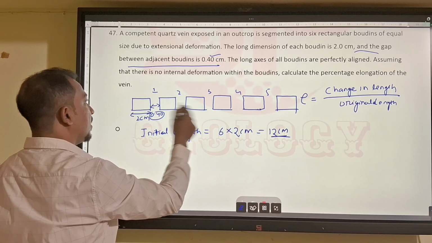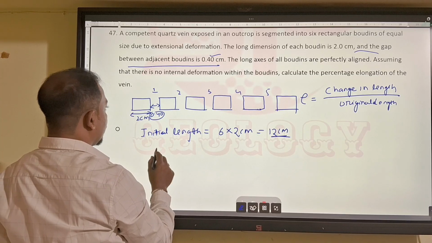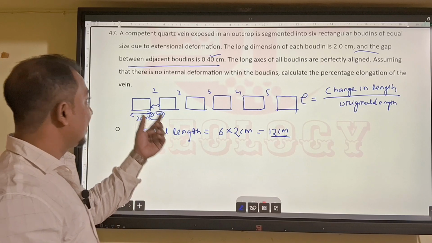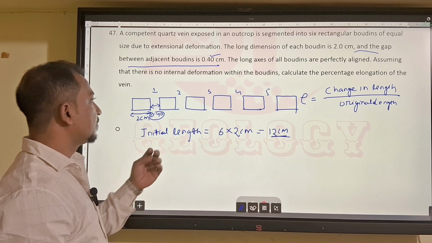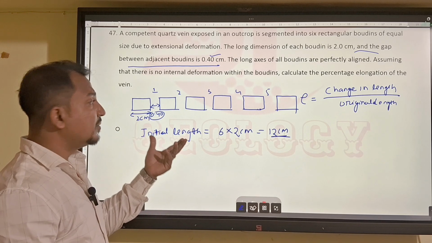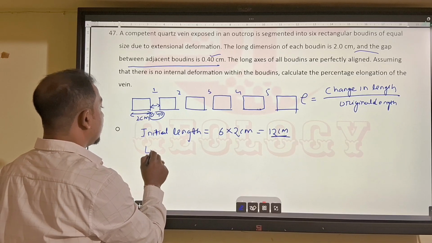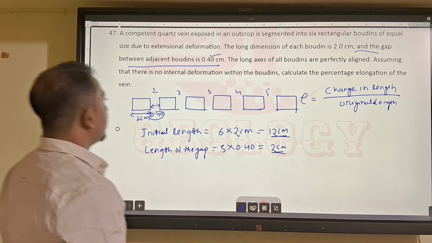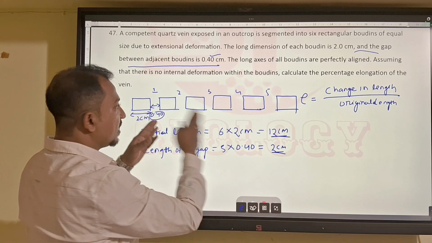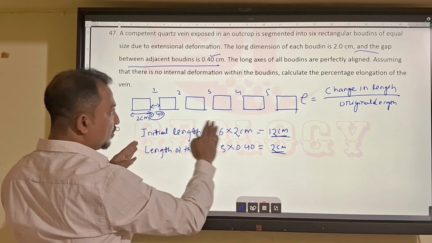So remember, the length of the gaps will be the change in length, because initially it is a single piece, now it is broken into 6 pieces.